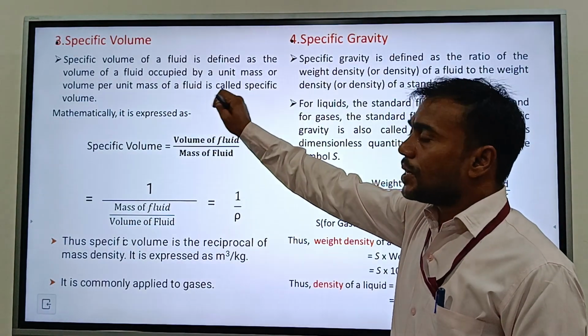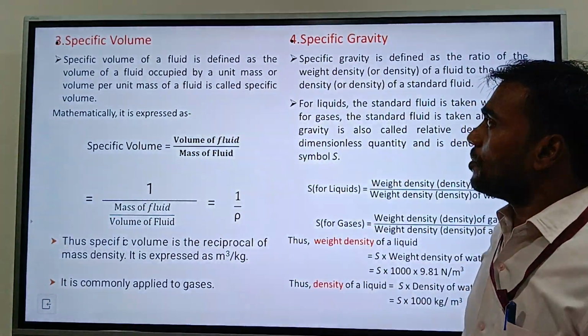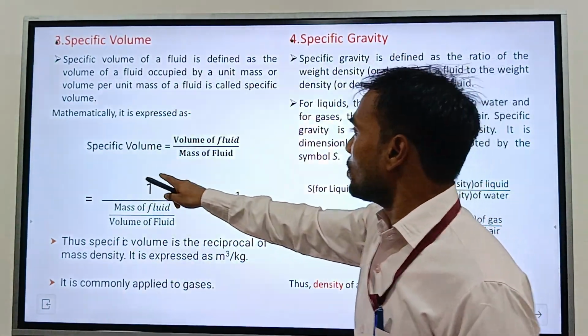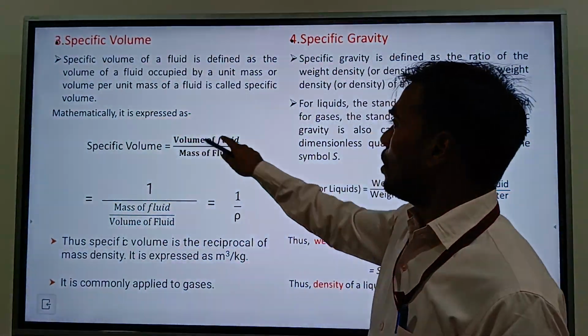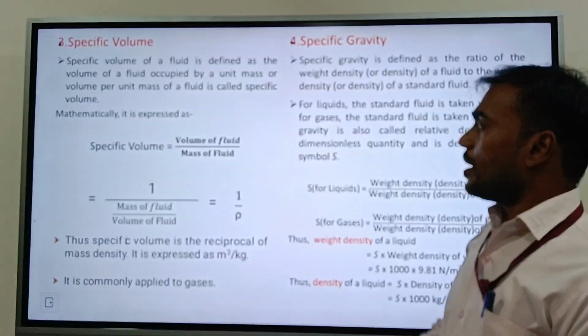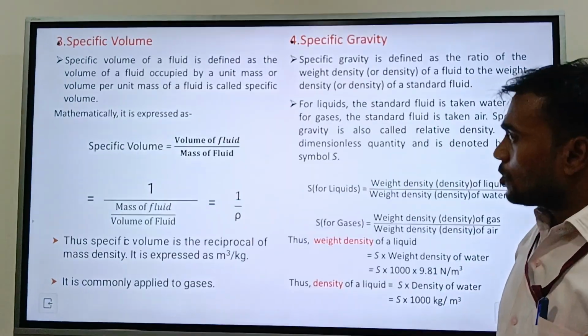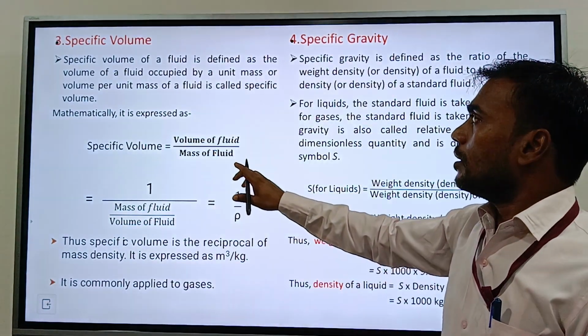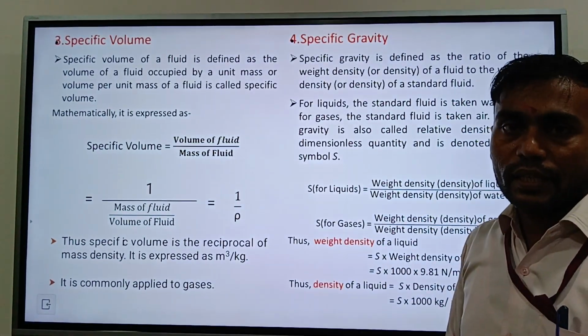Next, specific volume. What is the specific volume? Specific volume is defined as the volume of fluid divided by the mass of fluid. Basically it is the reciprocal of the mass density.